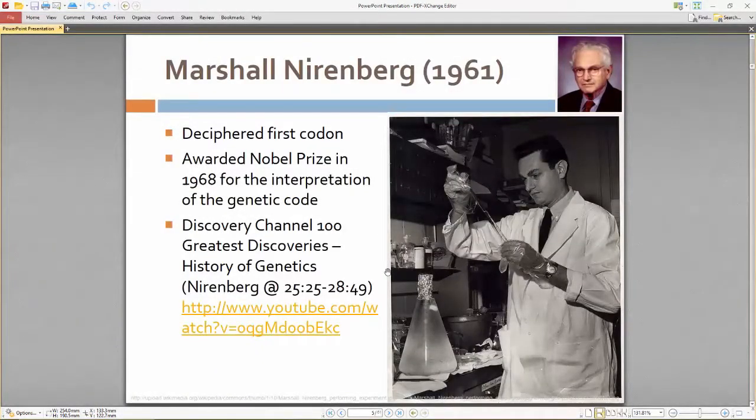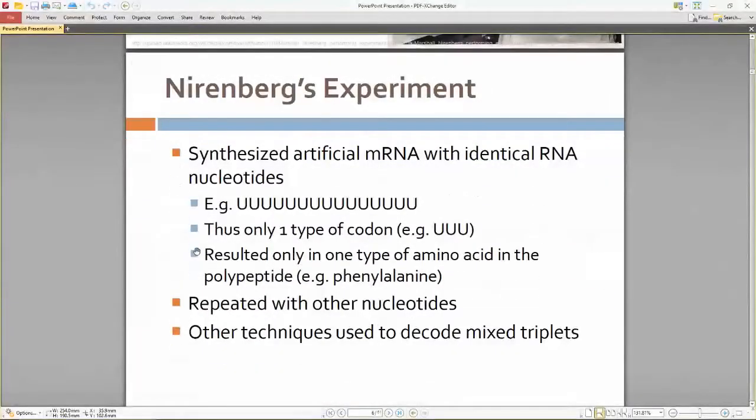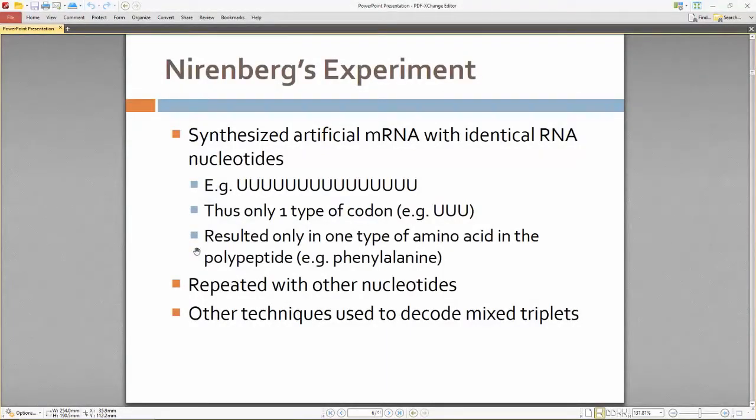Right, so Nirenberg in 1961 deciphered the first codon. He got a Nobel Prize for this, and for his interpretation of the genetic code, which means he also found other codons. So what did he do? He synthesized an artificial mRNA with identical RNA nucleotides, something like this, and therefore there's only one type of codon in here, and he found that this mRNA only resulted in one type of amino acid.